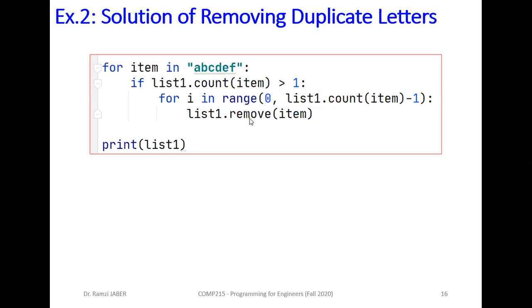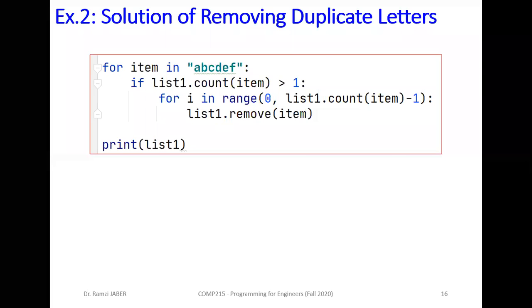So list1.remove will repeat twice and leave 1 A. We have 3 A's but remove 2 of them, not 3. We want to remove 2 A's from 3 A's, so the for loop here will run only 2 times, 0 and 1. So this number must equal 2: 3 minus 1.